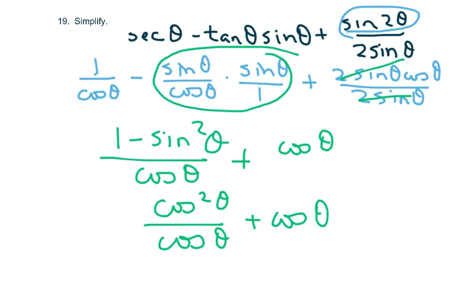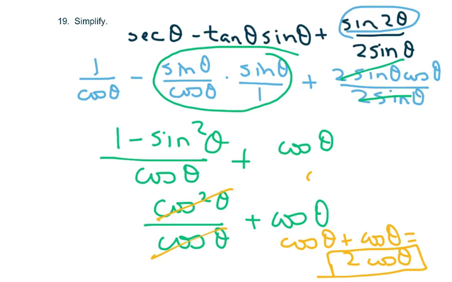So this goes into that 1 time, so you get cosine of theta plus cosine of theta equals 2 cosine of theta. Alright? And it's just nice because this one wasn't really that hard. Just break it down and simplify as much as you can.